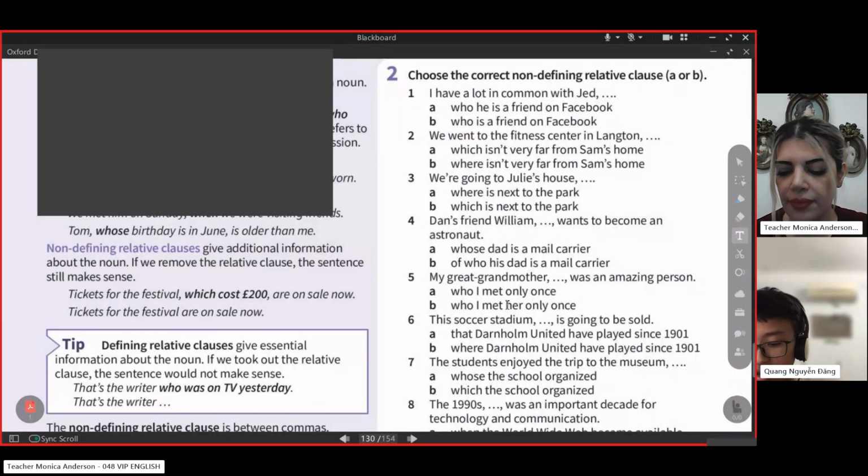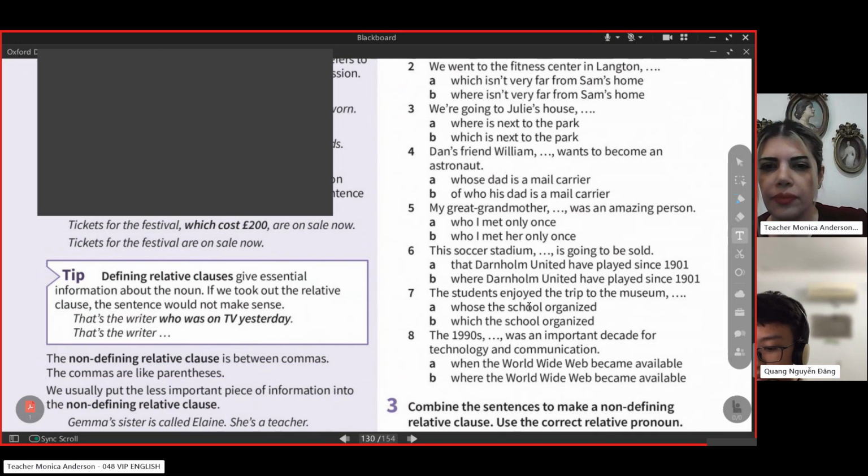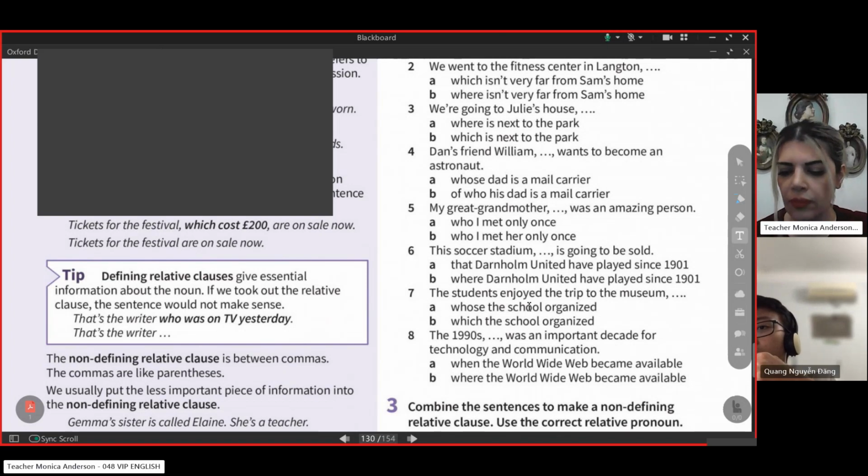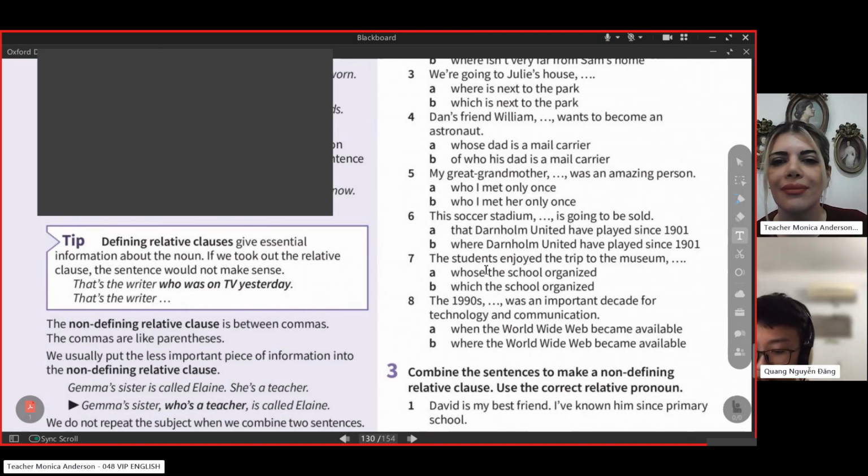Okay, number six. This soccer stadium is going to be sold. The soccer stadium where Dunham United have played since 1901. So you can say where, of course. If you don't have where, that is okay. Seven.